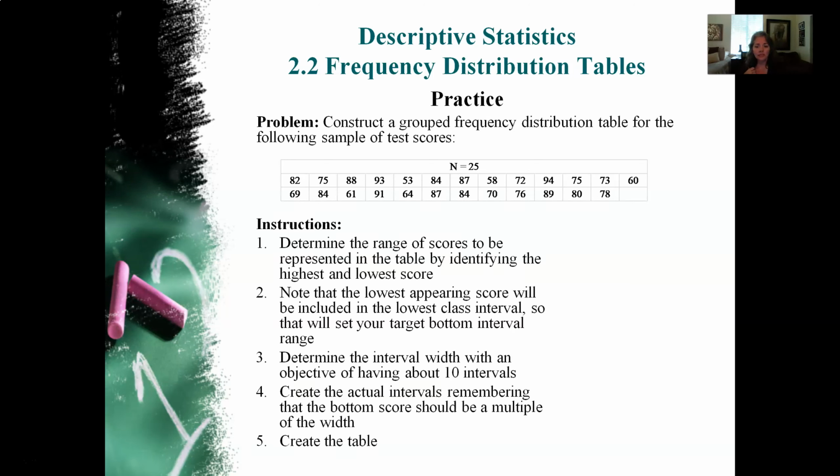Okay, so let's take a quick look. Here's a practice set of 25 scores. Quickly look at the low range, your low score. It looks like your low score is 53. And let's quickly look at our high score. So we're talking about 53 to 94, I think. That gives you a good feel for about how much data you need to account for, right?